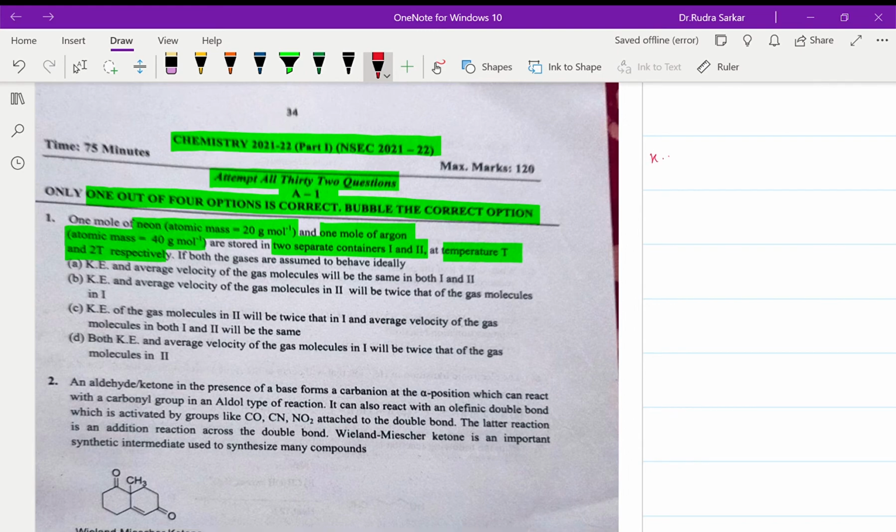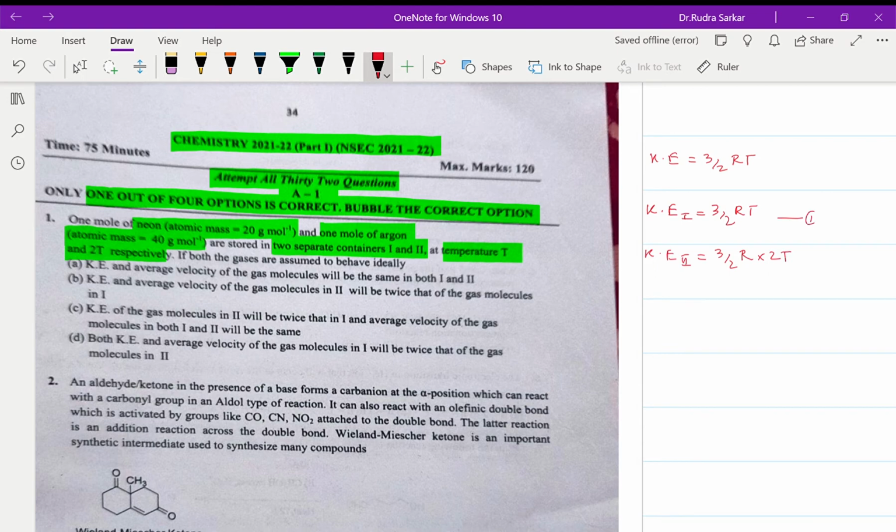for the gases we know is 3 by 2 RT. So kinetic energy for container 1 will be 3 by 2 RT, and kinetic energy for container 2 will be 3 by 2 into 2T.